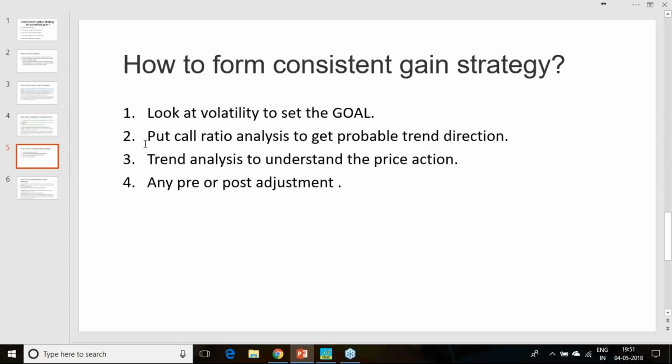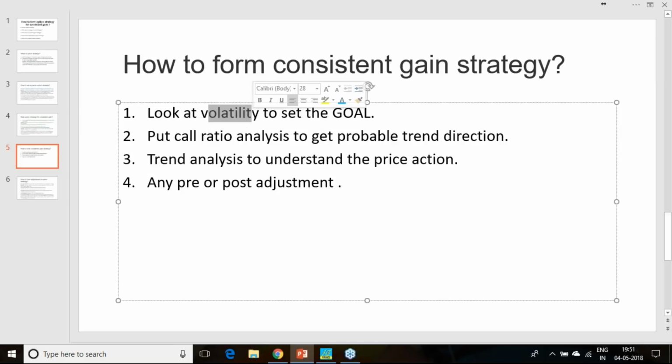You also have to do put call ratio analysis, which will give you a trend direction. So trend analysis you need to do to understand the price action, and any pre or post adjustment. So these are the 4 steps you have to do. On trend analysis, you have seen how we chose this for Nifty and how we set the goal.